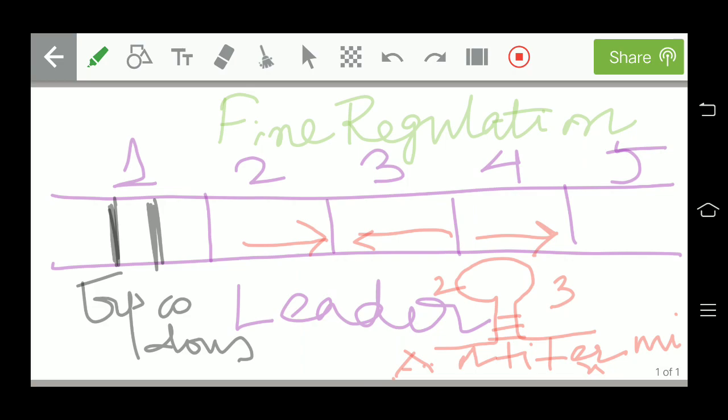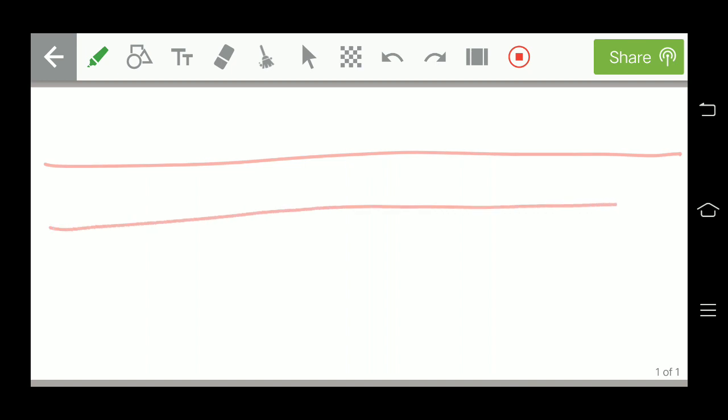Anti-termination means it will stop the termination. That means the ribosome can easily move through this particular stem loop and it will produce the protein.